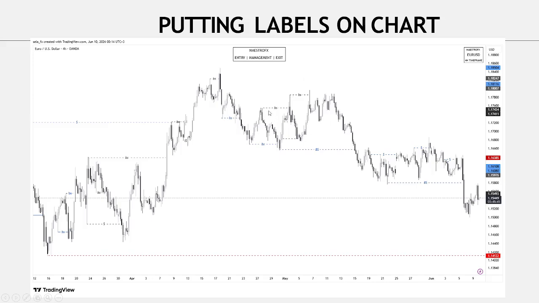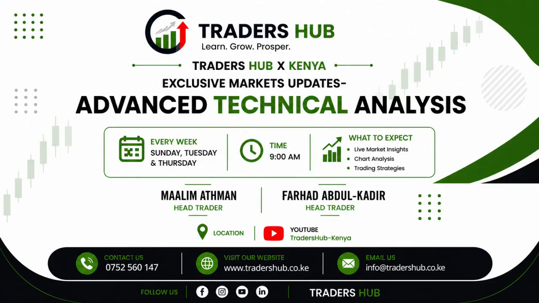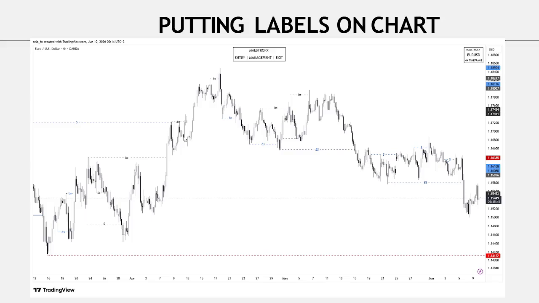This is just a sequence of identifying supply areas and demand areas, and it is on demand areas where we look to buy, and on supply zones where we look to sell.